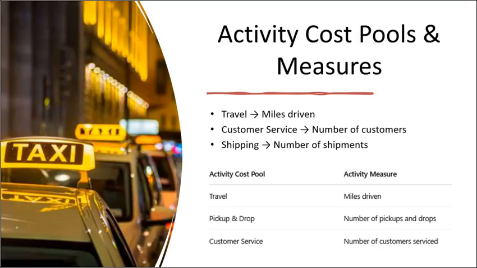It is a measure of the amount of activity that drives the cost in activity cost pools. In this example, the activity measures are miles for the travel cost pool, number of pickups and drop-offs for the pickup and drop-off cost pool, and number of customers serviced for the customer service cost pool.